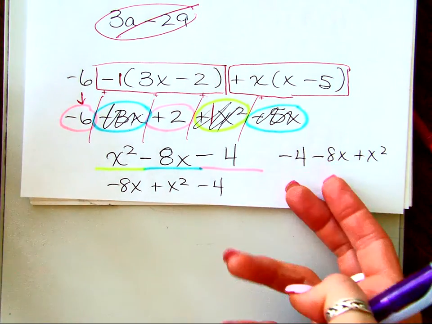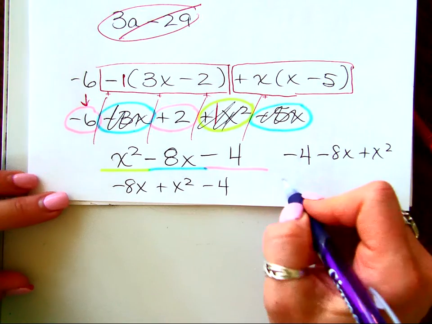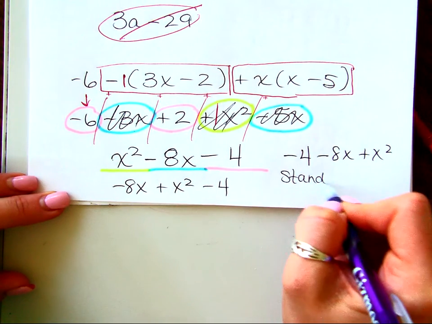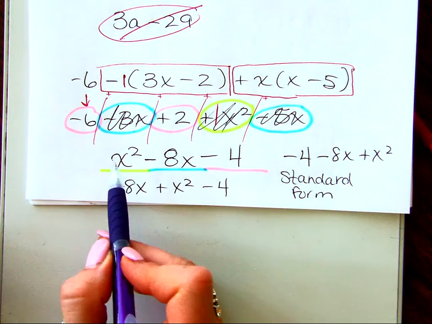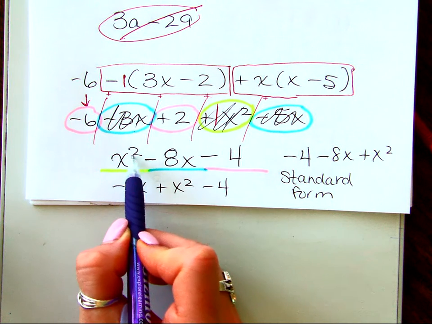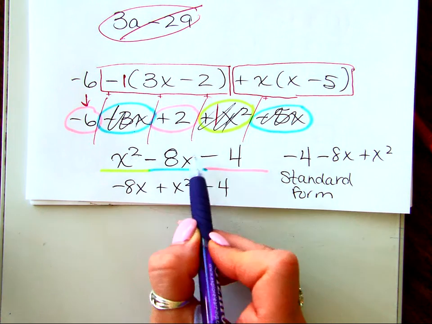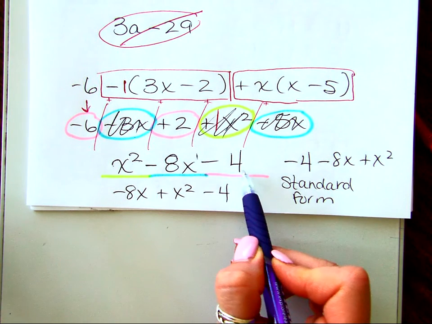There's a lot of ways to do this. But to make my life easier when I'm checking for you or you're checking your answers, standard form, I'll just throw that out there. Standard form of a polynomial, which I know you don't know what that is yet. It's only September 7th. It means go with your highest exponent down to your exponents of 1, down to your no variables, constants at the end, okay?